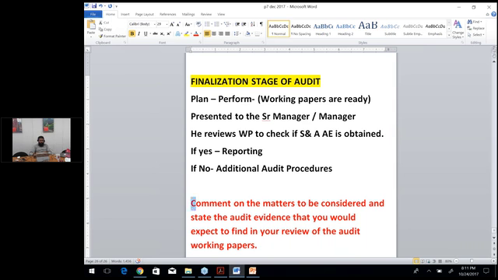Comment on the matters to be considered is one area of the requirement. Then there is state the audit evidence that you would expect to find in your review of the audit working papers. That is another area.